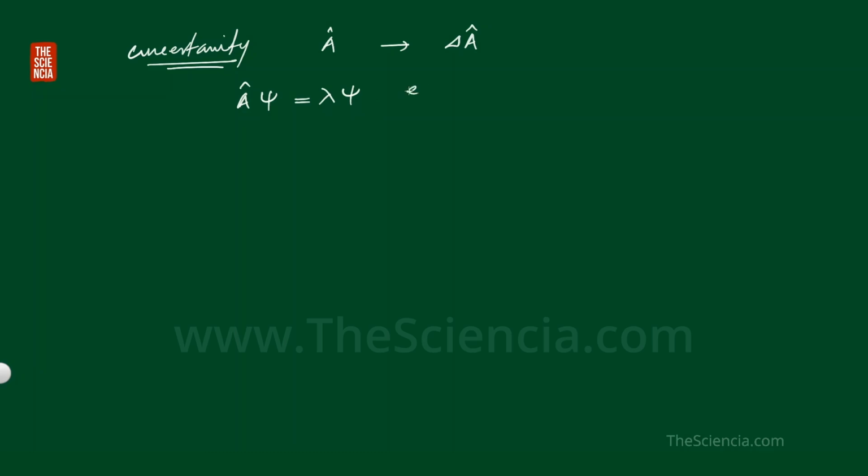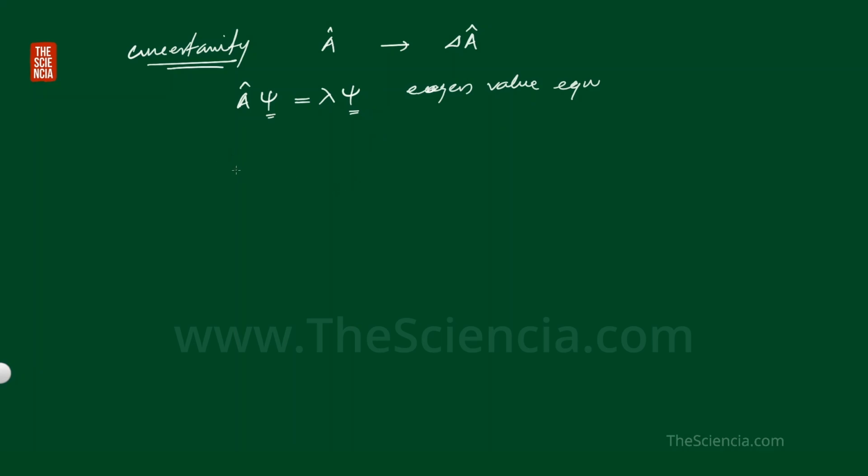That is, this one is an eigenvalue equation. After the measurement, the state of the system is not changed. That is, psi here, same psi here. So this is an eigenvalue equation.